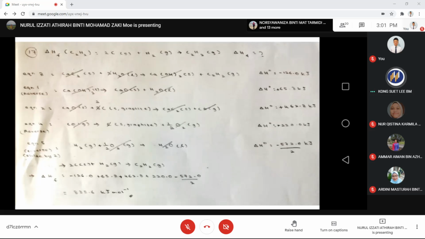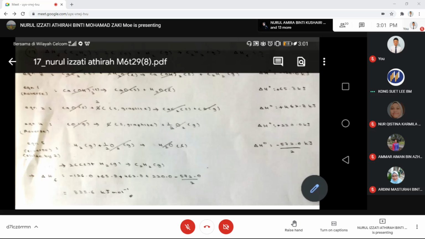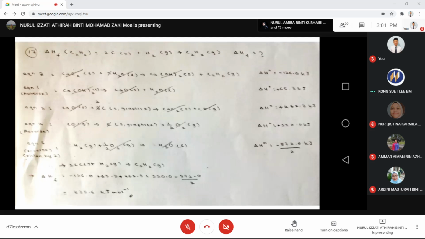So in order to get the acetylene equation, we must compare with equation 3, since equation 3 has acetylene. And then the enthalpy for equation 3 will equal negative 126.0 kilojoule. And then we compare it with equation 1. For equation 1, we must reverse the equation because Ca(OH)2 in equation 3 is on the right side, while for equation 1 it is on the right side too.